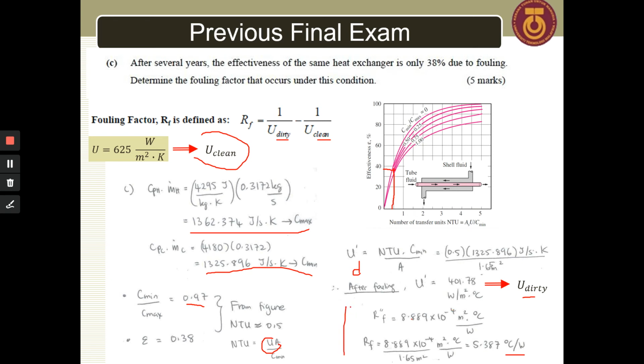So both are acceptable, but you have to refer to the question. In this question the unit for fouling factor is not specified. If it is specified without the area unit, that means you have to divide by the area itself.